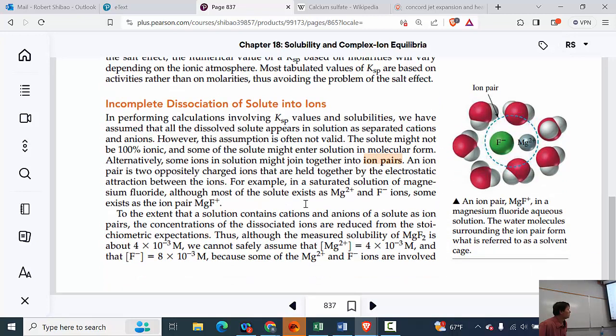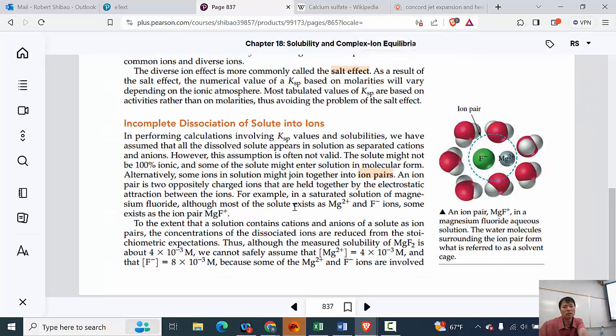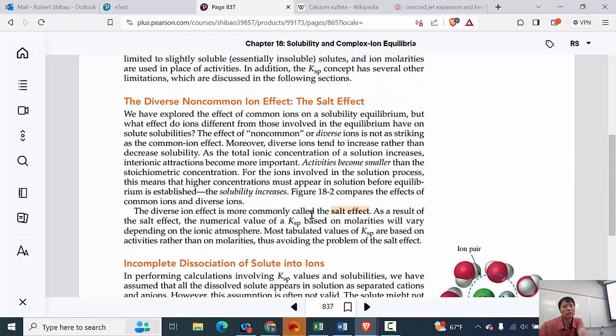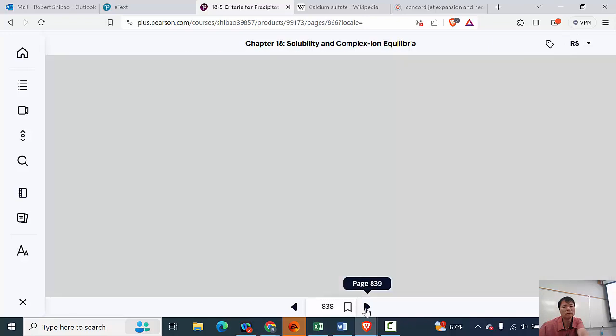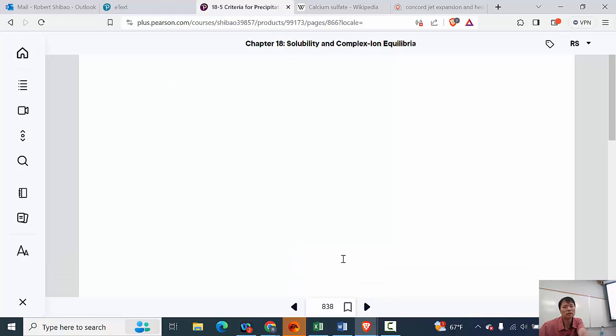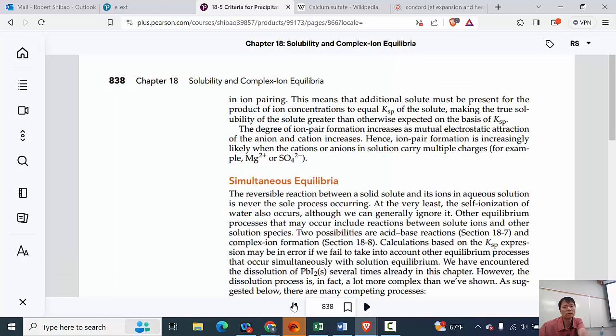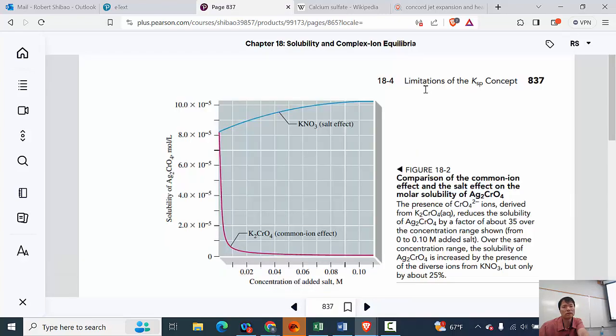And so, let's see, there's a figure here that we should take a look at. Let's see the figure. There's no figure for this, unfortunately.